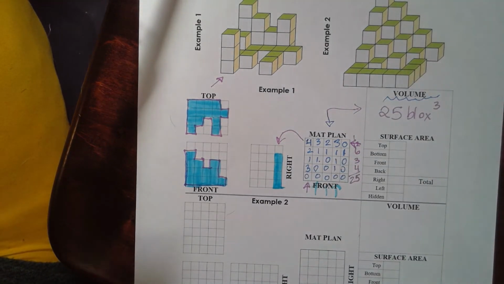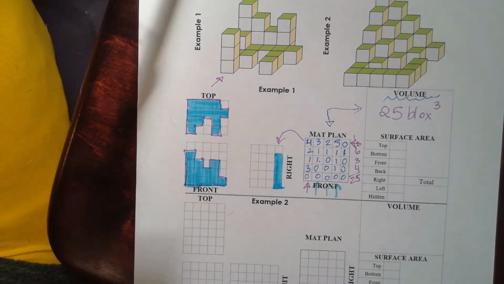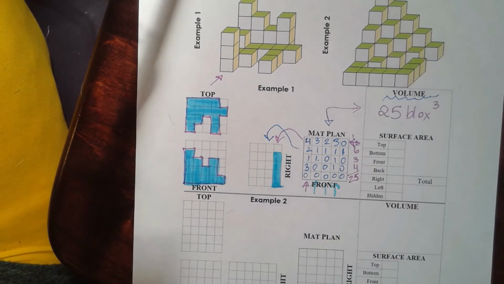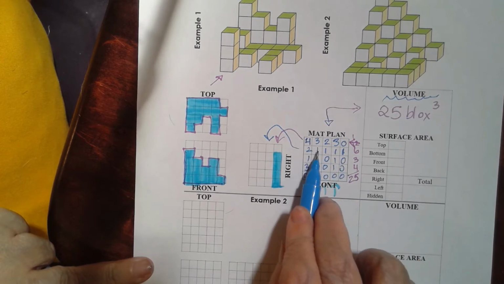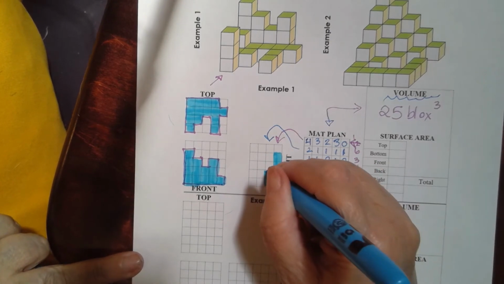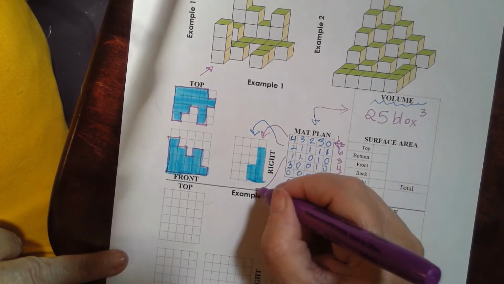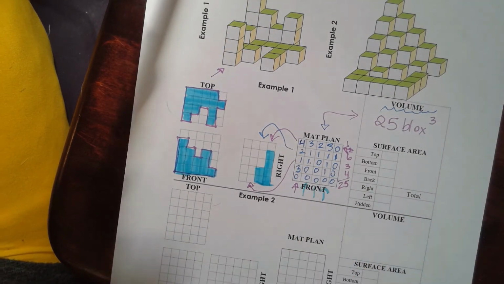And then the next row, let's see, that one's going to be the next column. So I'm going to say, what's my biggest number here? My biggest number here is a 2, so I'm going to shade up by 2. And then the next row, my biggest number here is just a 1.